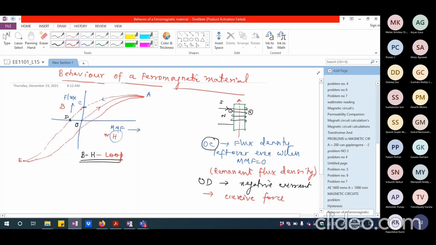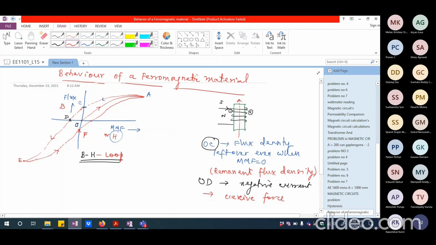So that is point E. Now from here, if I try to decrease the current further, or it has to come towards zero, then at zero current, it is still going to maintain certain negative value of flux density. And let me call this as F. So OF is going to be again remnant flux density, but in the reverse direction.